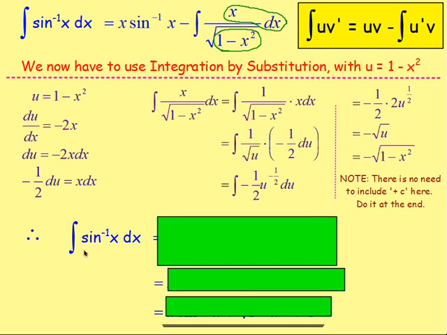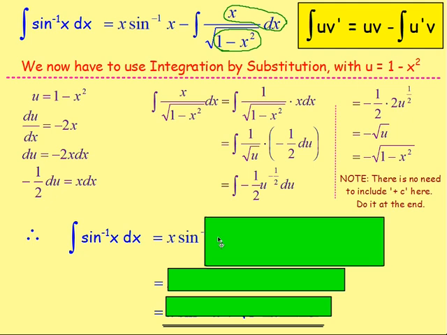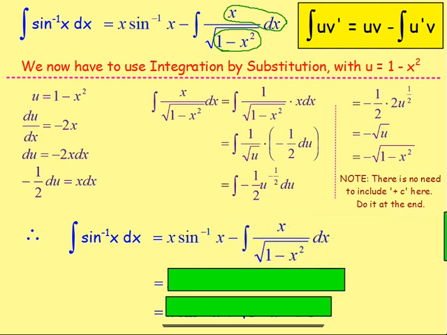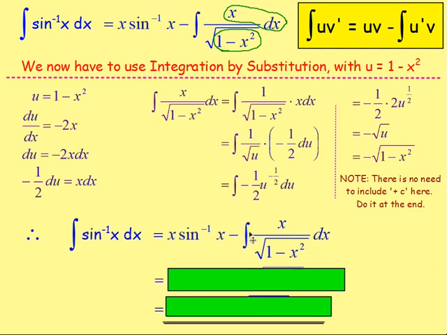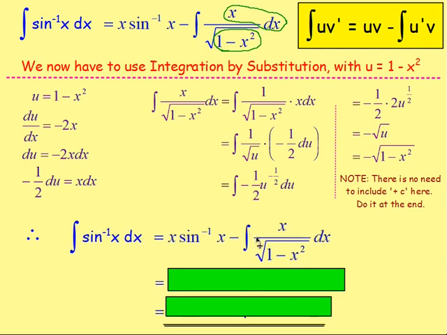Therefore, if you integrate sine to the minus 1 of x, just going back to this line up here, you've currently got x sine to the minus 1 of x. Take away the integral of all of that, so that's just rewriting that line. And then if you integrate this part here, we have just found that you get negative the square root of 1 minus x squared.